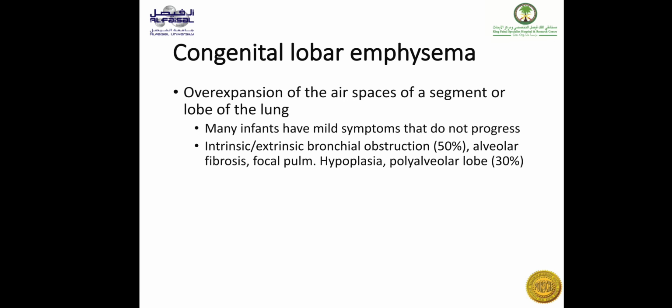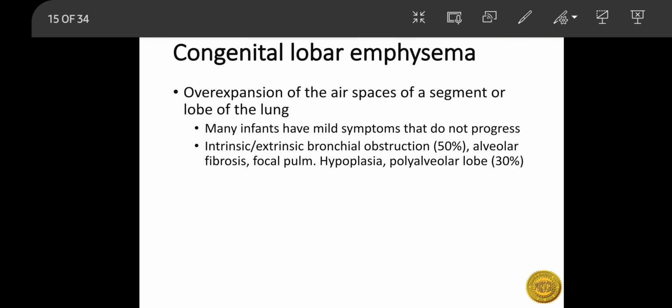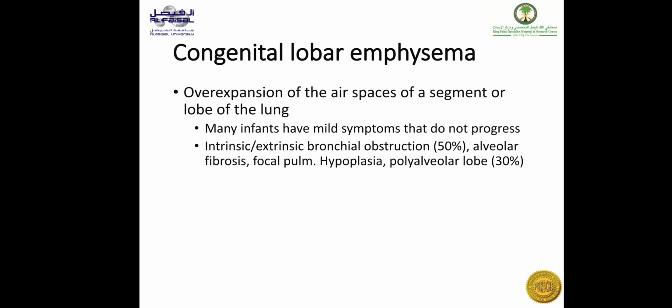Now, congenital lobar emphysema. When the lung starts developing, it develops from the foregut. It goes with the trachea, then it will divide into the bronchus, then bronchioles, then airways.